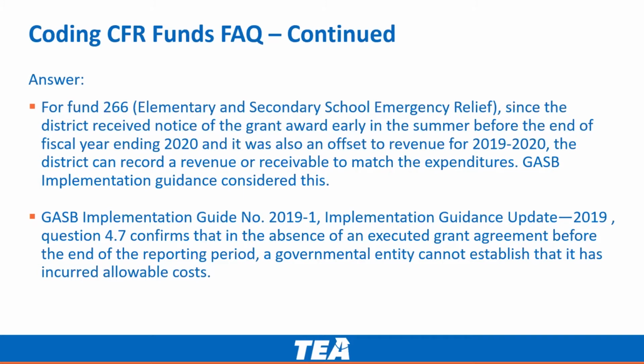GASB contemplated this in some of their implementation guidance, and it confirms that if you don't have an executed grant agreement before the end of a reporting period, the governmental entity cannot establish that it has incurred allowable cost. And so that's kind of pointing to the use of 277 in 1920, that you couldn't record a revenue because you didn't have an executed grant agreement.